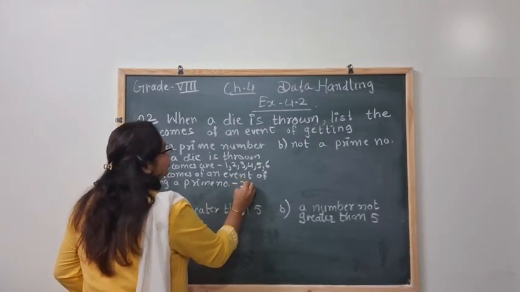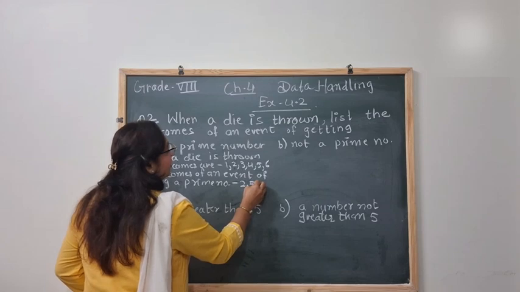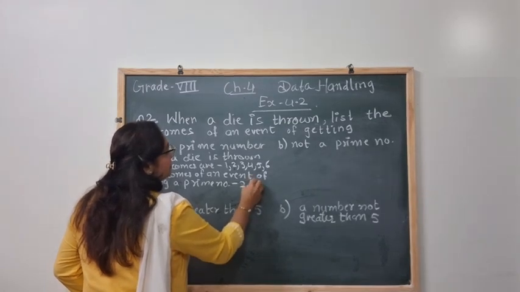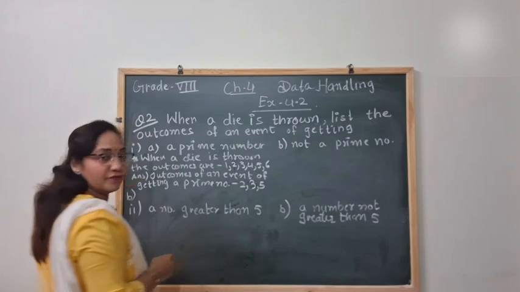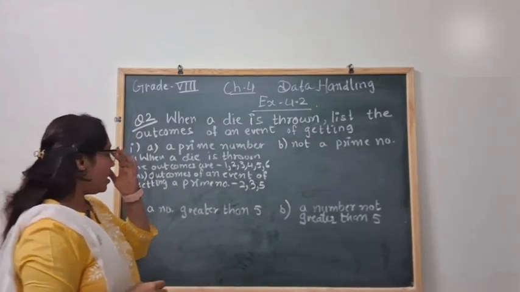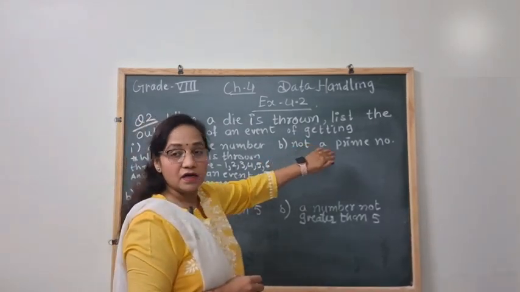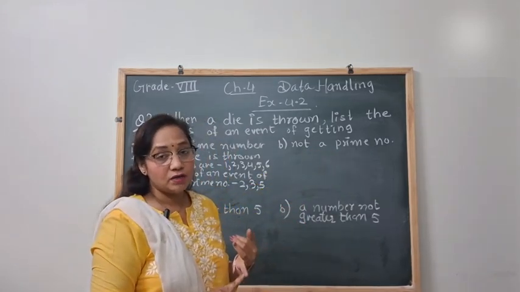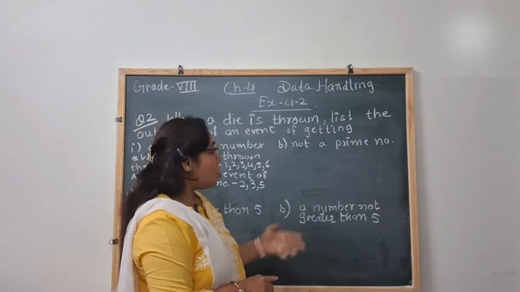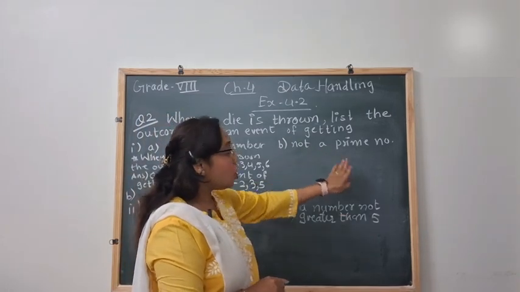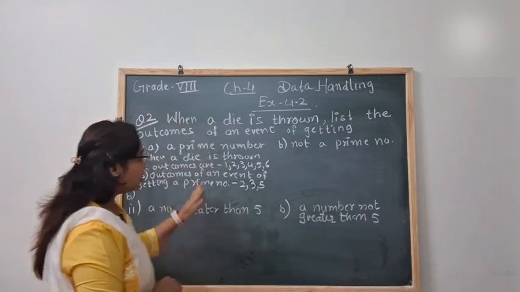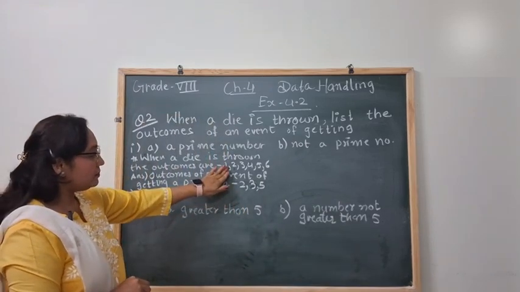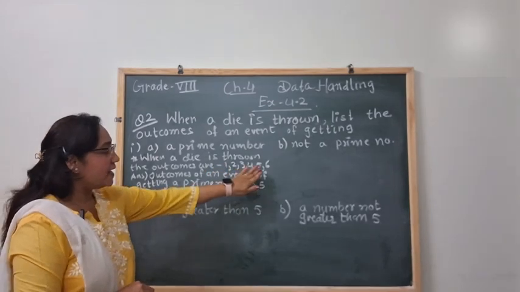So 2, 3 and 5, right? Now here our event is not a prime number, so you have to find the outcomes of the event of a number which is not a prime number. So in this, which are not prime numbers? 1, 4 and 6.